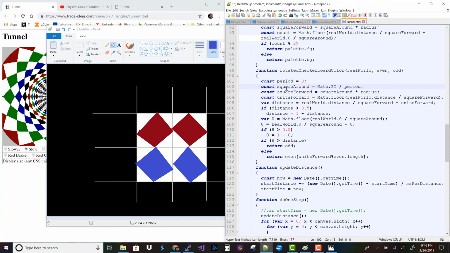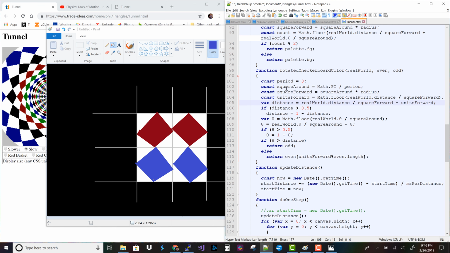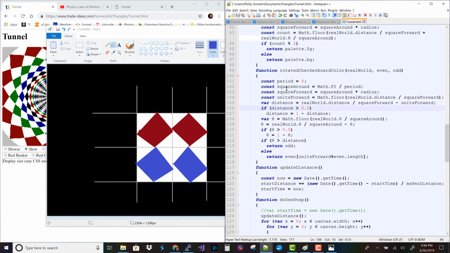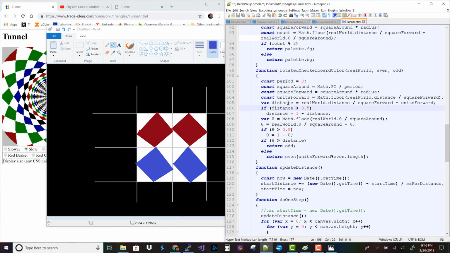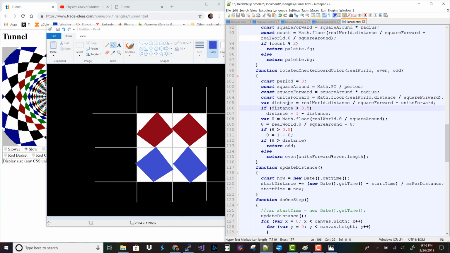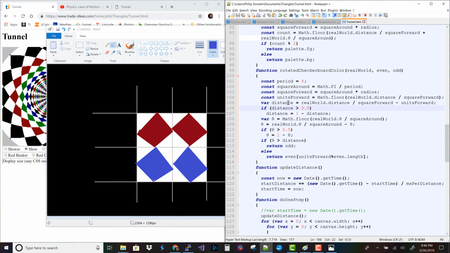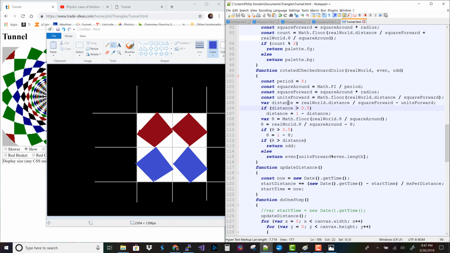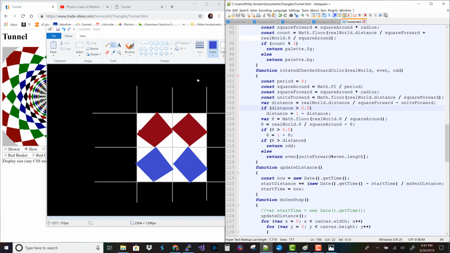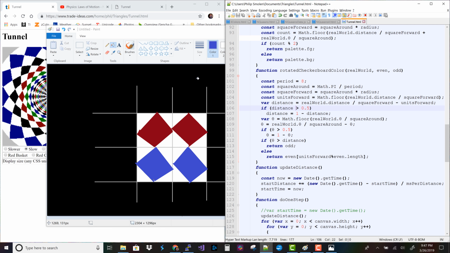Again, starting with this exact same code for figuring out the squares, but we did make a change. Remember, when we're doing the normal checkerboard, we said we only care about which cell we're in: 1, 2, 3, 4. We didn't care if we were halfway through.